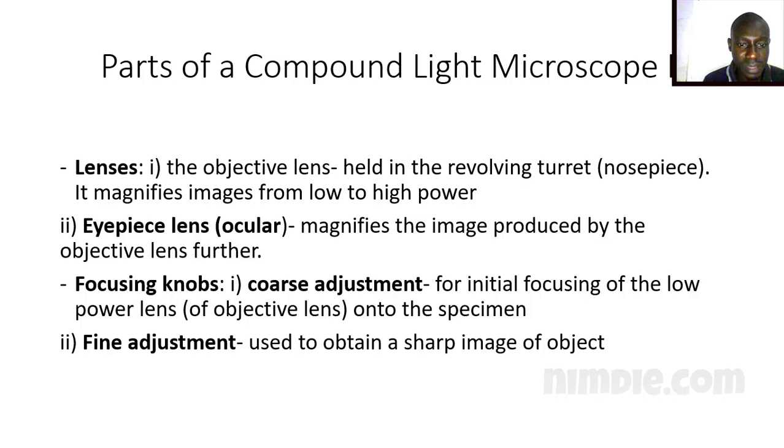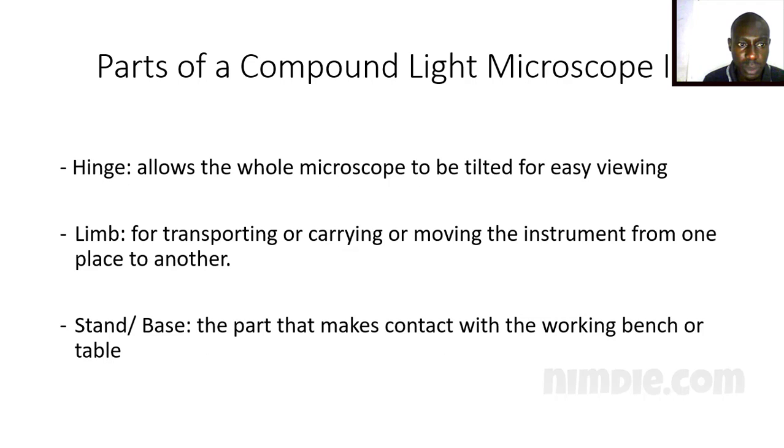The fine adjustment is used to obtain a sharp image of the object. The hinge allows the whole microscope to be tilted for easy viewing. The limb is used to transport or carry the instrument from one place to another. The base is the part that makes contact with the working bench or table.